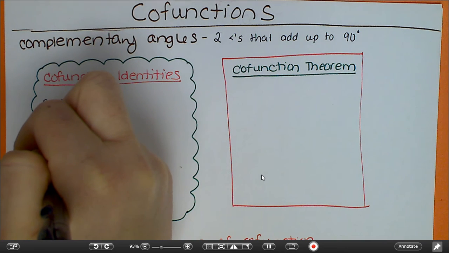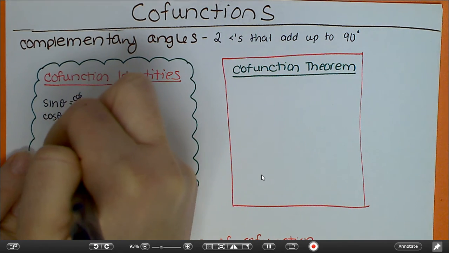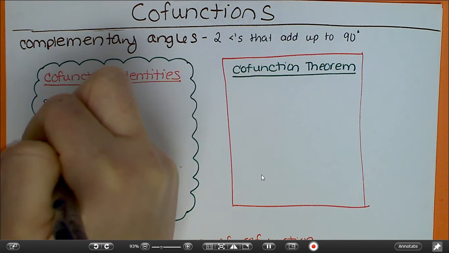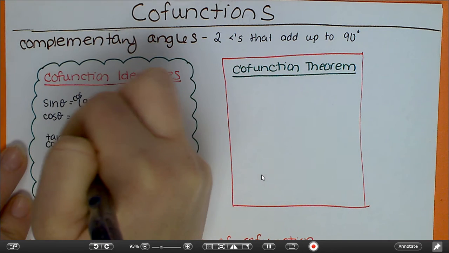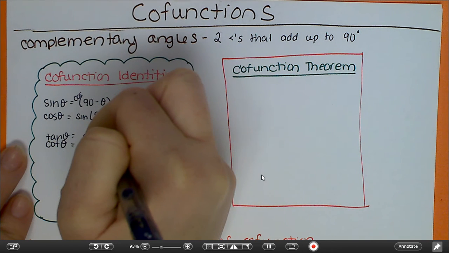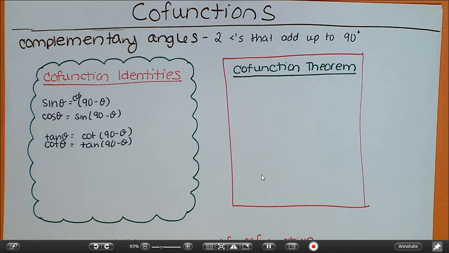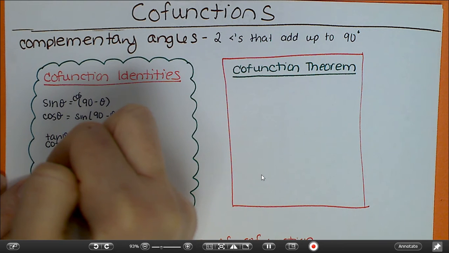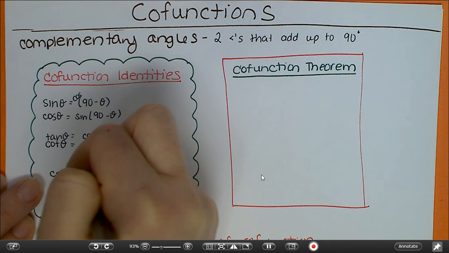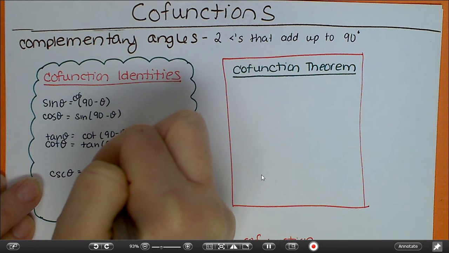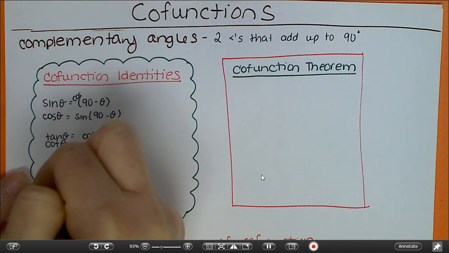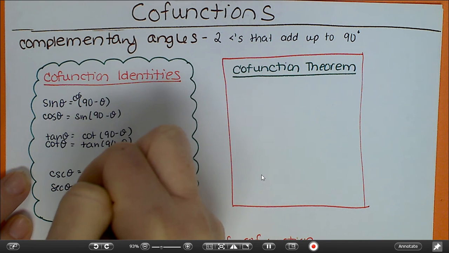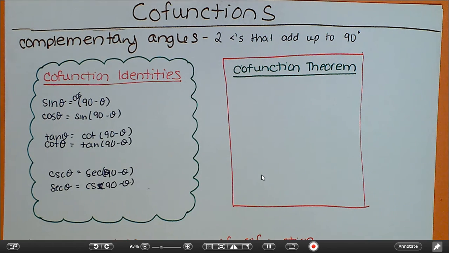We have cotangent theta equals tangent of 90 minus theta, and tangent theta's cofunction is cotangent, so cotangent of 90 minus theta. And then we have cosecant, which I bet you can guess goes with secant. All right, so those are the little identities for cofunctions.